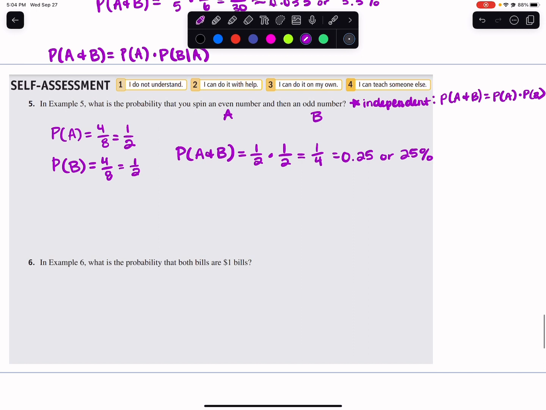All right, number 6, in example 6, what is the probability that both bills are $1 bills? So again, we have already determined that this is a dependent event, which means that to find P of A and B, I'm using the formula P of A times P of B given A. So probability of A is that I pull a $1 bill first.